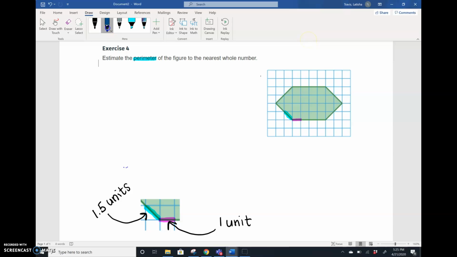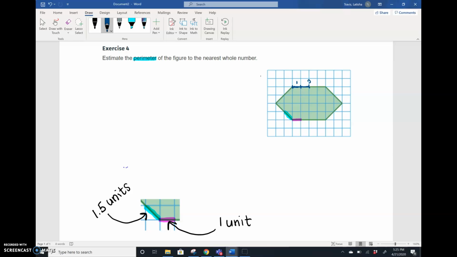So starting with counting the square lengths, we have 1, that's 1 unit in length. So this length here, from this point to this point, that's 1 unit. Then we have another one.